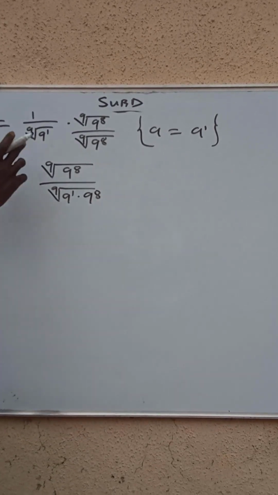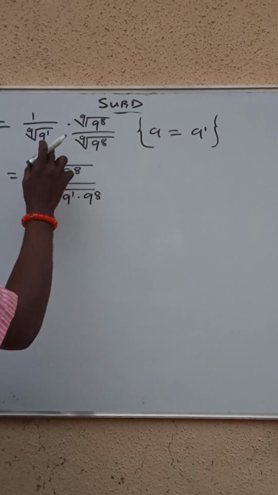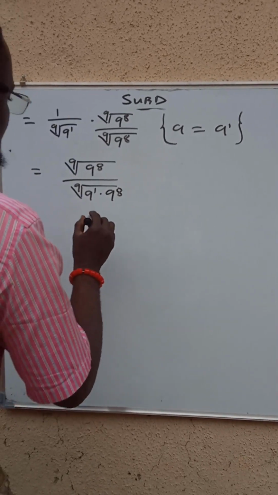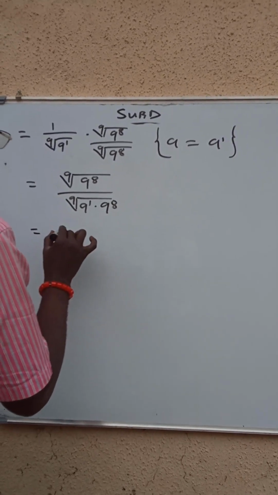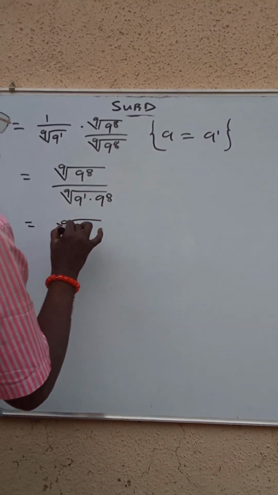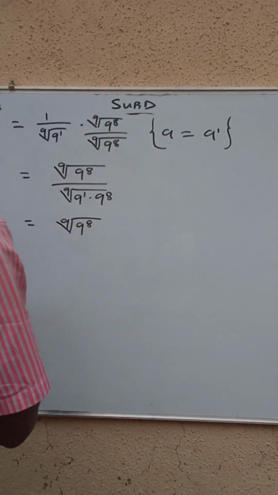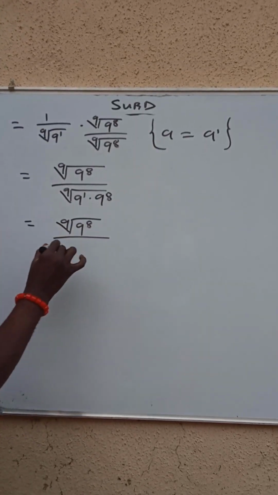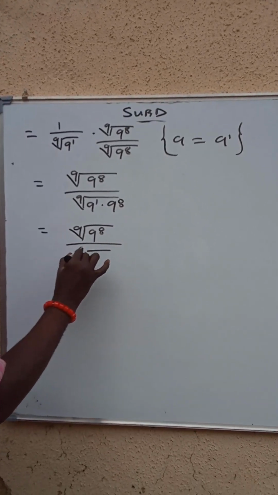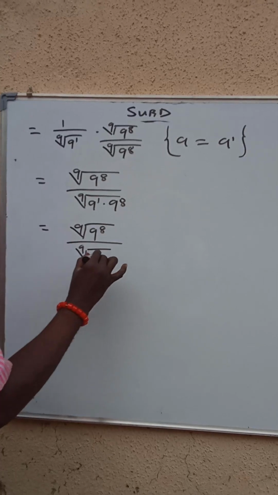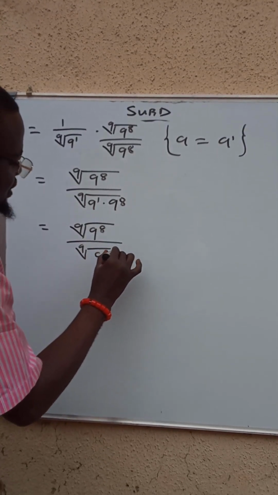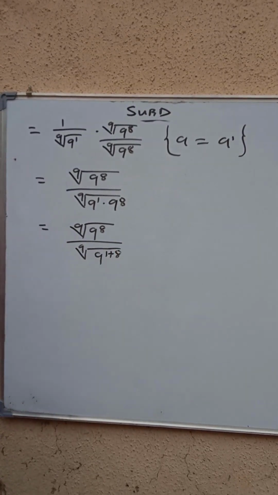Yes, because we say that the two surds can multiply each other. So this will now give me what? The ninth root of 9 raised to the power of 8 over the ninth root of 9 raised to the power of 1 plus 8, right?